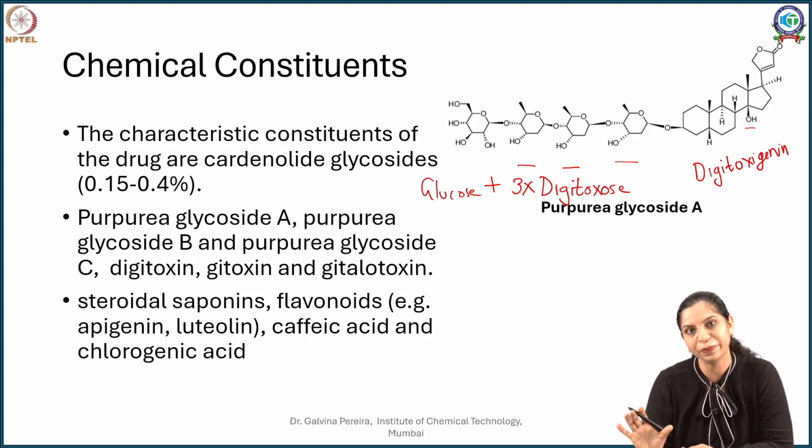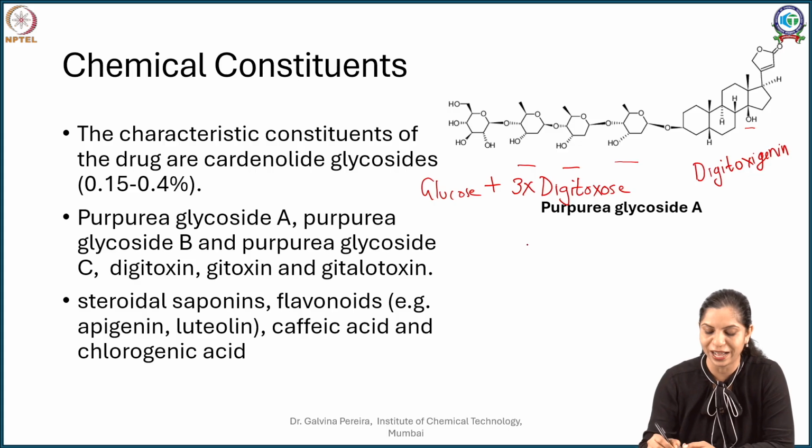This occurs primarily in the plants and is referred to as a primary glycoside.